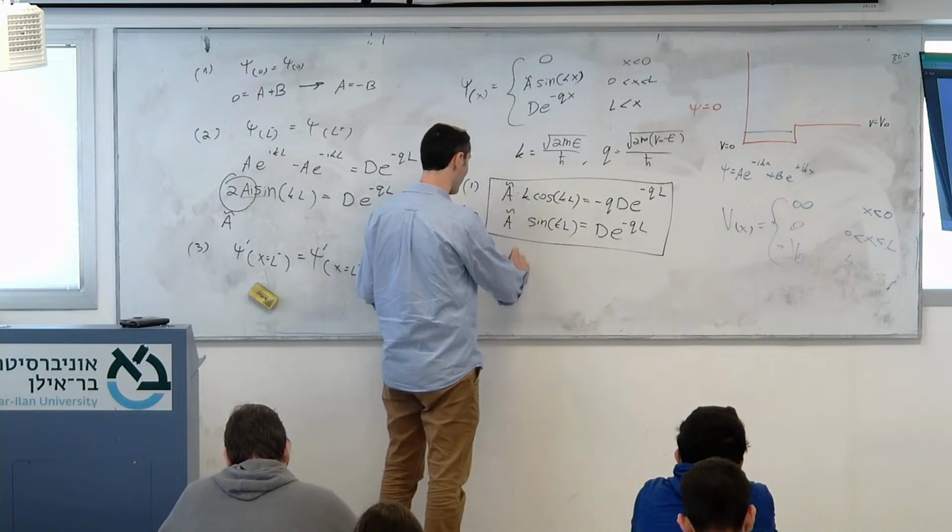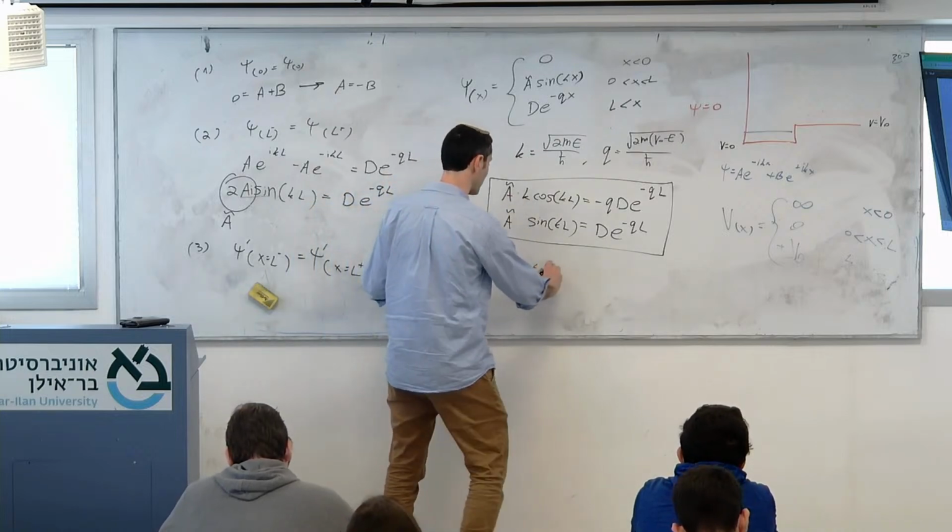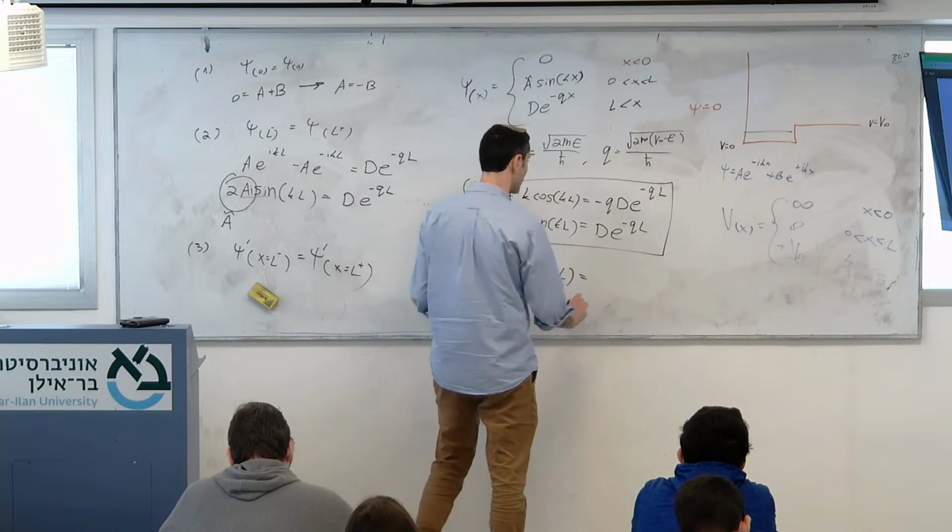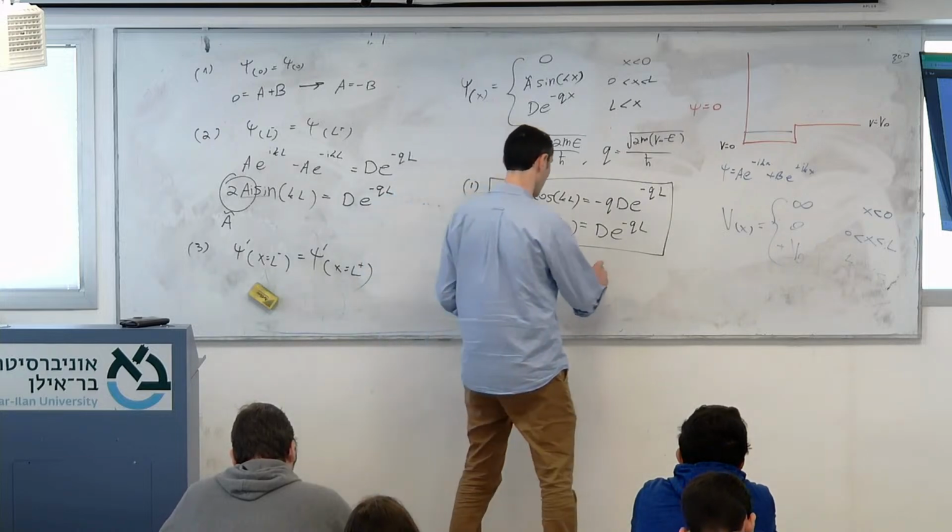A cancels out. I have here k cotangent of kL is equal to minus q.